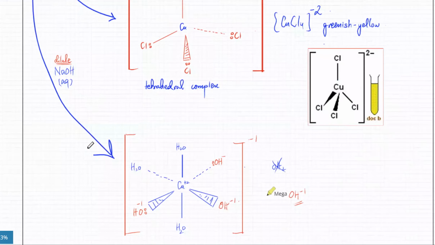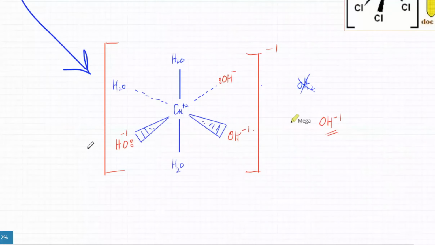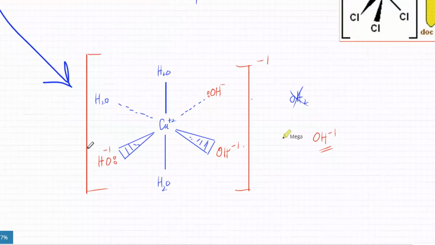Now with OH ions, the third one, it becomes negatively charged, and all the OH ions are going to get repelled. And there's actually another reason why it's harder to get the third OH ion in. Let's put this as water.